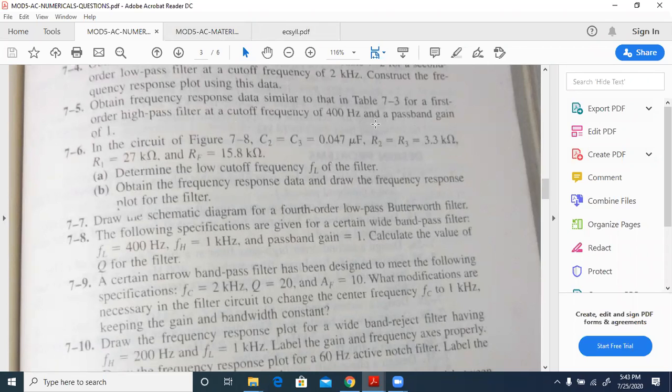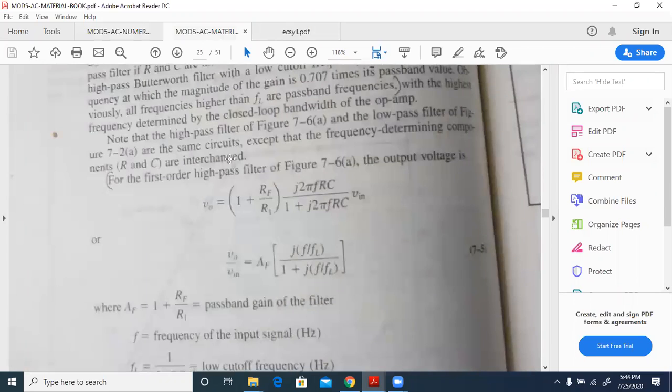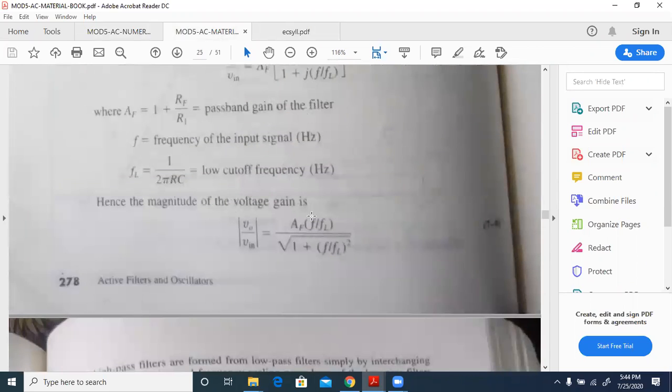That's the first point. The second point is the high pass filter over here, which we briefly discussed in the last class also, wherein we said that the gain, that is V0 by Vin, is equal to AF times F by FL divided by root of 1 plus F by FL whole square. Or otherwise, if you take this down, then this will become 1 by F by FL, and if you take it within the root, it will become square, and naturally 1 by F by FL whole square will be FL by F whole square.